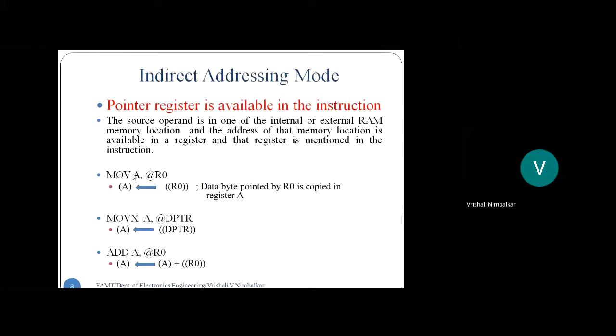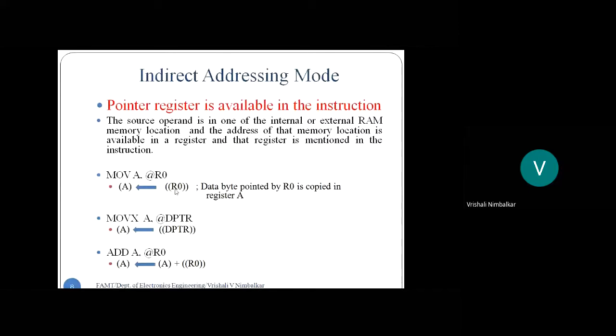Accumulator is destination and afterwards, after the comma, we have source. So where is the source? The pointer register. So data pointed by R0 is picked up and copied in accumulator. I have shown here double brackets indicating a pointer. What is the inner bracket telling?